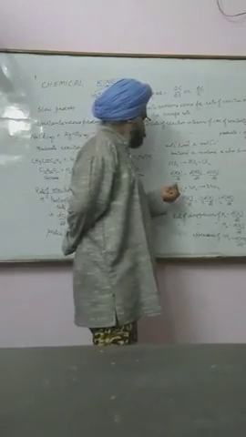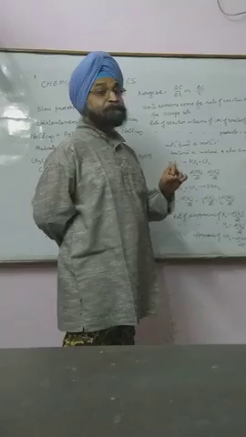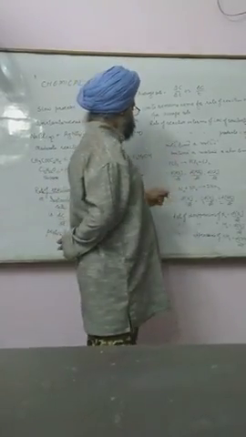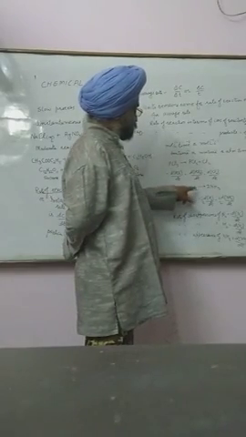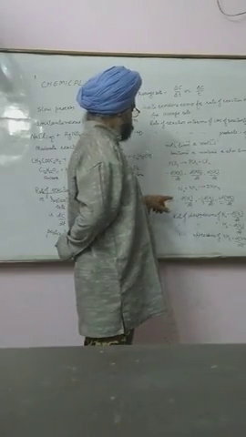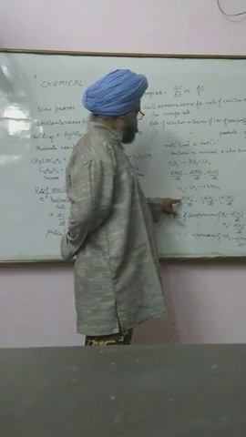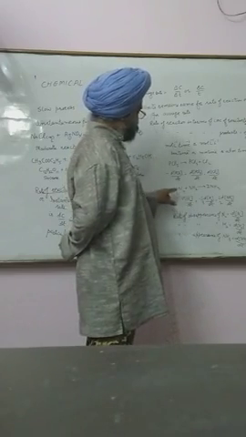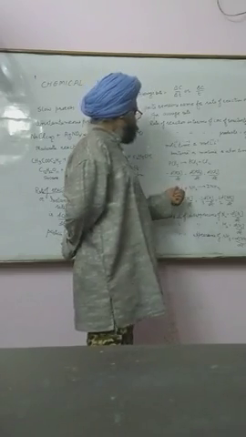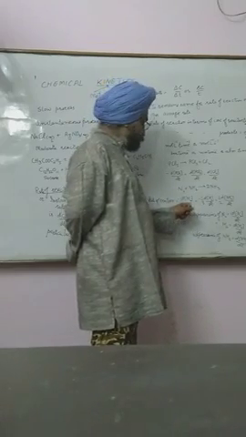Now, what will happen if it involves some coefficient during balancing, like the formation of ammonia, N2 plus 3H2 gives 2NH3? Then the rate of reaction is minus d[N2] by dt. Minus d[N2] means the small change in concentration of nitrogen in a small interval of time dt.